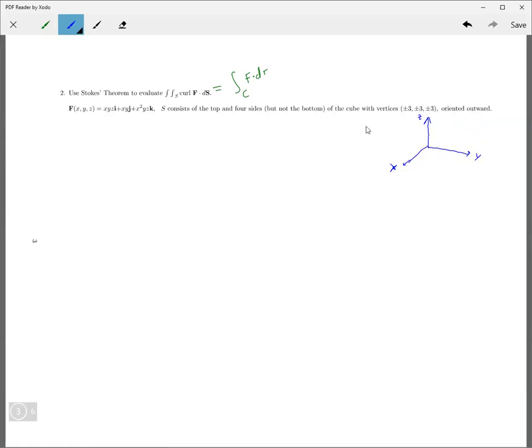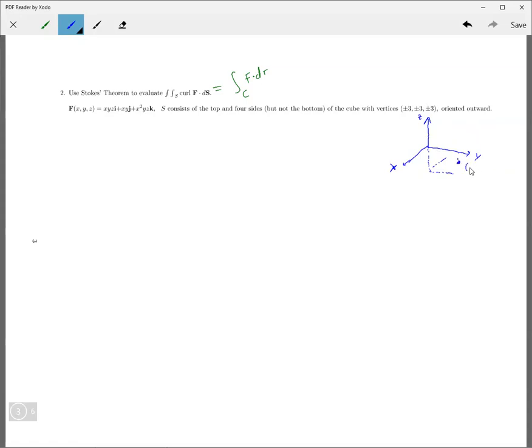So the vertices, if you come down this way a little bit, and you come across, and then you go back that way, then that would be one vertex. So it's underneath the XY plane. This is down.